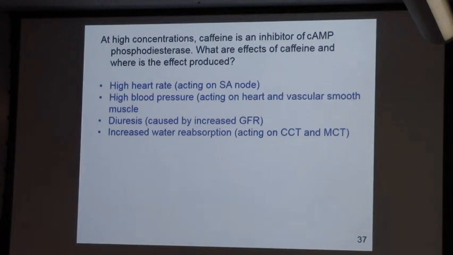But we also know that beta adrenergic receptors are a GS story, a cyclic AMP story, and that would increase. You drink coffee, your heart beats faster, it beats stronger, and that increases blood pressure. Okay, so let's stop here.